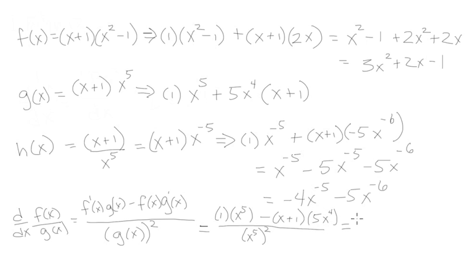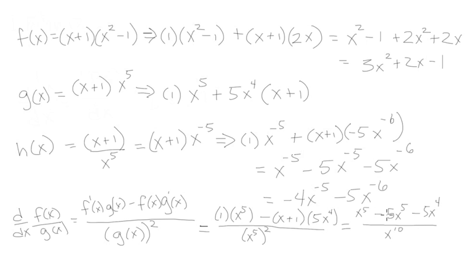Okay, so simplifying that, I get x to the 5th minus, distributing across, 5x to the 5th minus 5x to the 4th, over quantity x to the 10th.